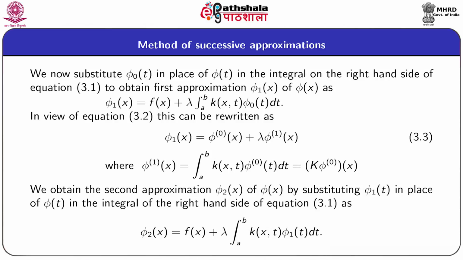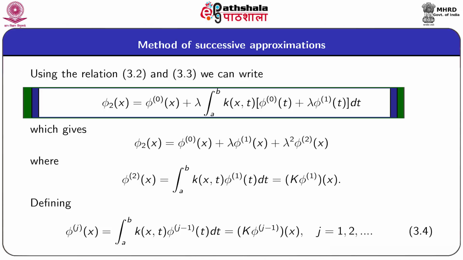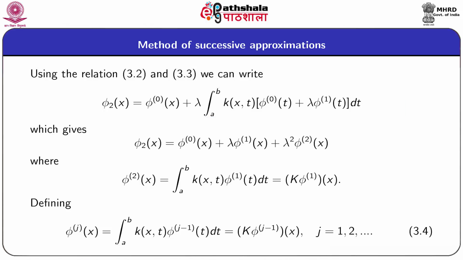I now substitute in place of phi 1 t, that is the first approximation, this expression as given by 3.3, so that phi 2 x becomes equal to phi superscript 0 x plus lambda integral a to b k x t times phi superscript 0 t plus lambda phi superscript 1 t dt.